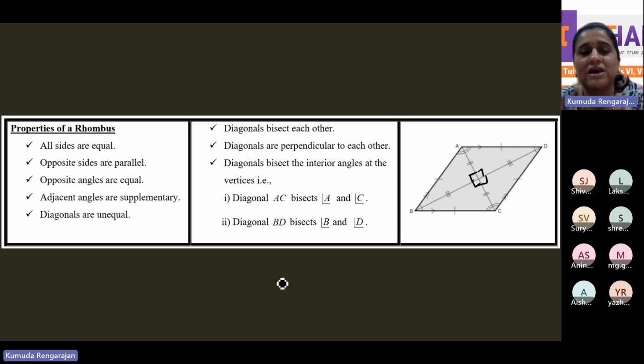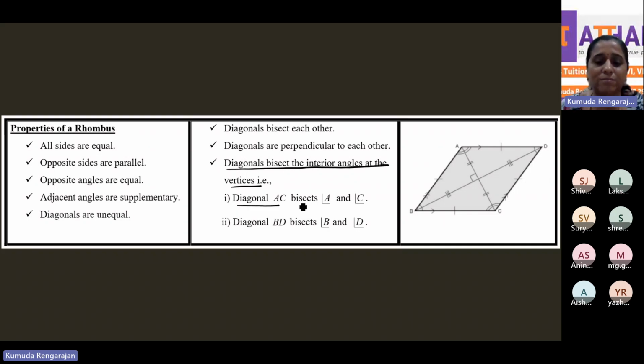In a rhombus, diagonals bisect each other at right angles. That is, they meet also at right angles. There they meet, but not at right angles. Here they meet at right angles. So if this angle is 90, this is also 90. And the most important thing is that the diagonals bisect the interior angles at the vertices.